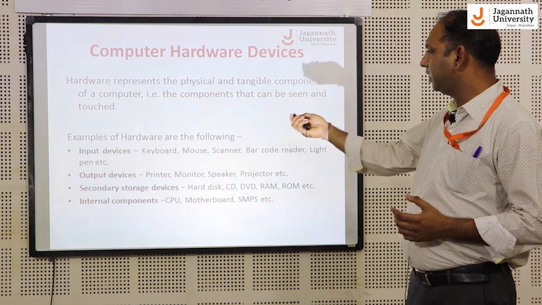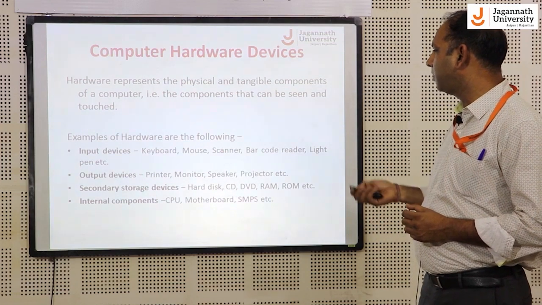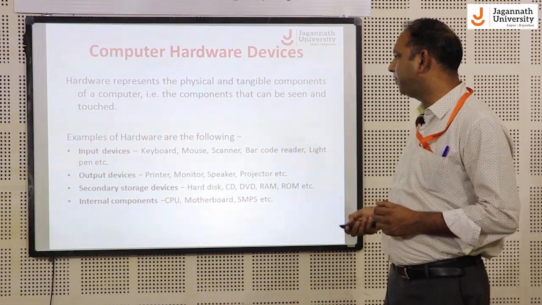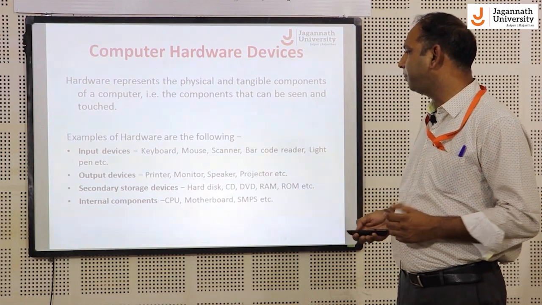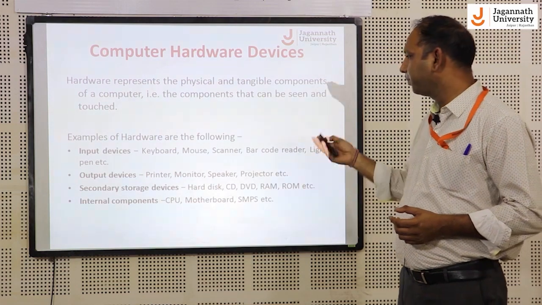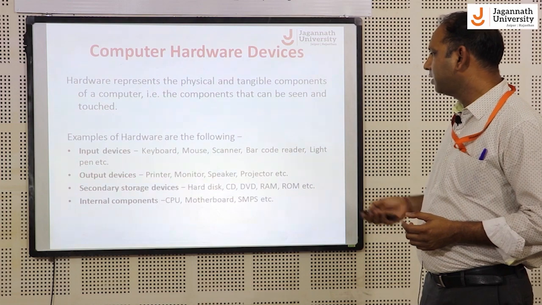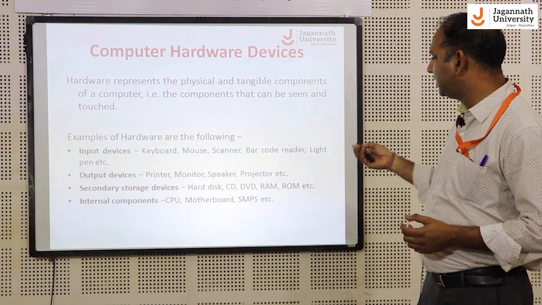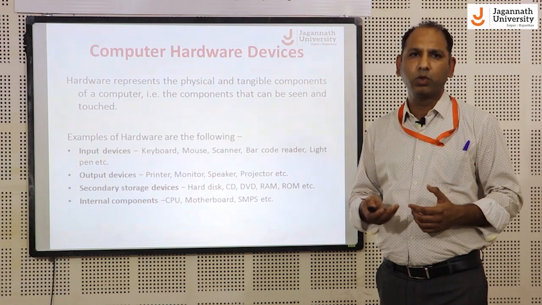The input devices are keyboard, mouse, scanner, barcode reader, and light pen. The output devices are printer, monitor, speakers, and projectors. We will explain all of these in the next slide. Secondary storage devices are hard disk, CD, DVD, RAM, and ROM. These are the memories required as storage devices.